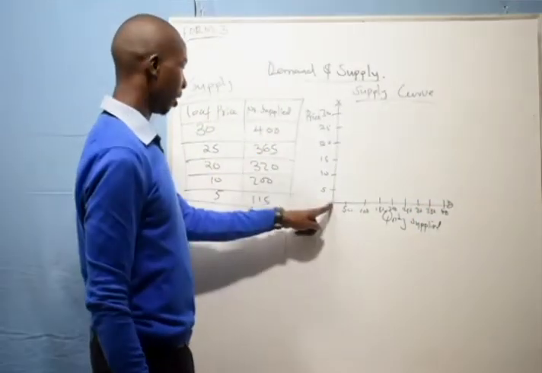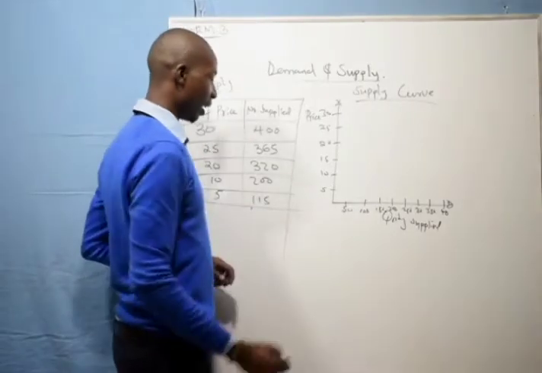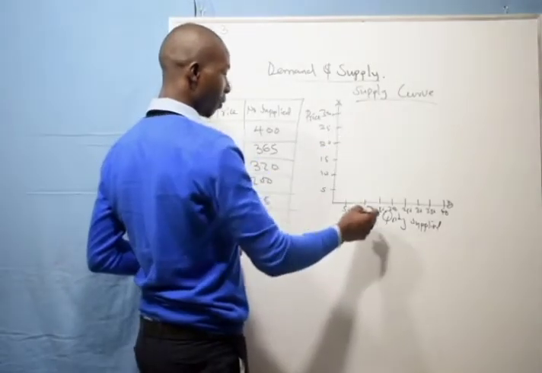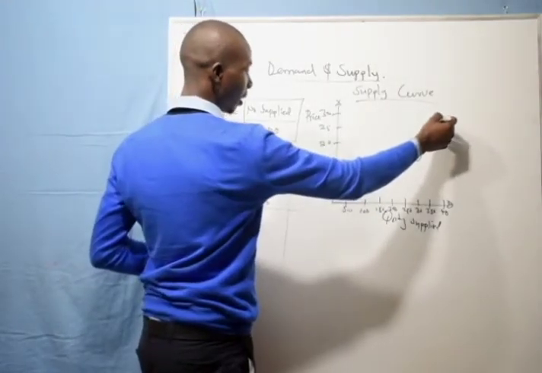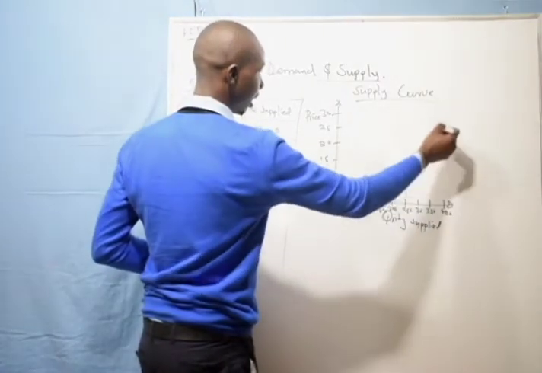So 30, 400. 30 is the maximum price, and we have 400 here.